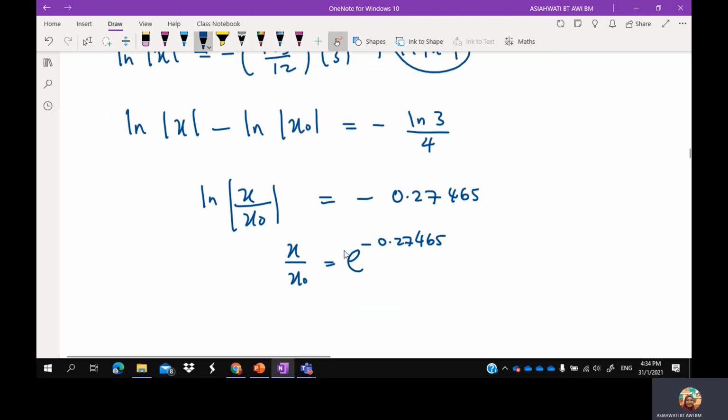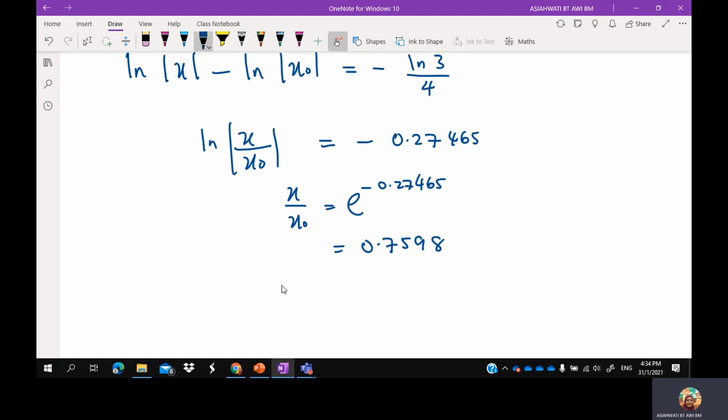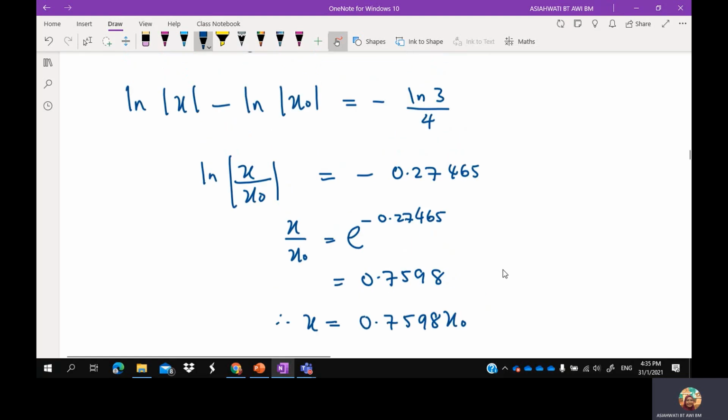That is equal to 0.7598, to 4 decimal places. We are going to find x, so x is equal to 0.7598 x naught.